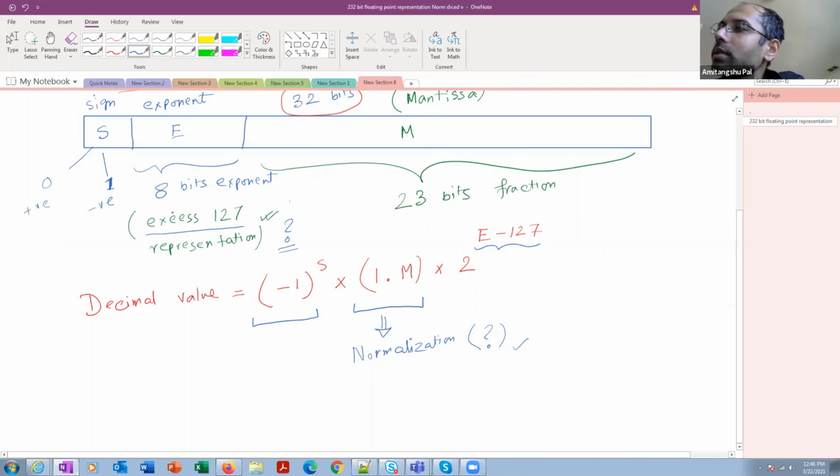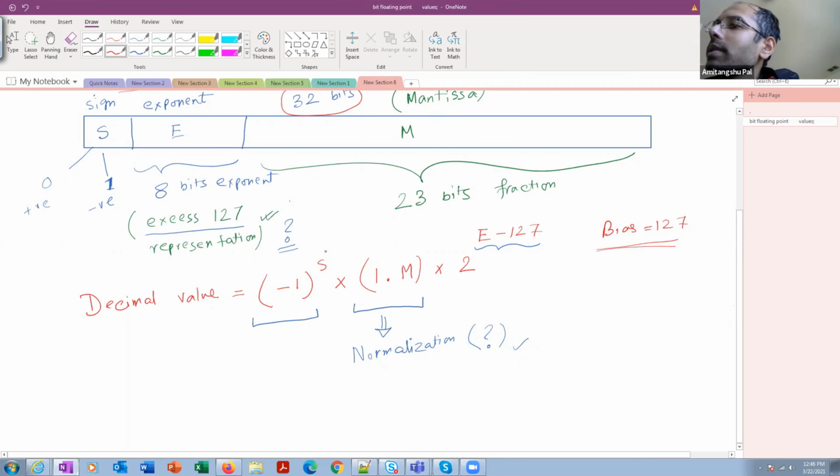So there are two questions that are yet to be answered. First, why I am using the normalization term, and why I am using the excess-127 representation. I am going to explain this in a minute, but for the time being, let's first use this formula to convert a binary number to its corresponding floating point representation. And also this 127 is called the bias in this case. All right.